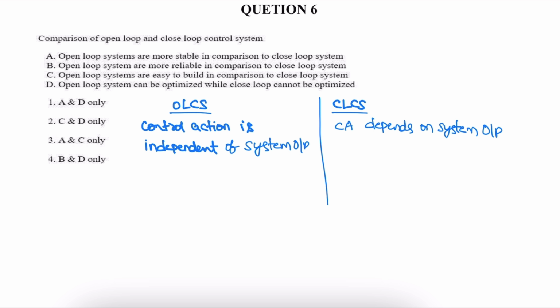Open loop control systems are simple and easy to construct. No stability problem here. These are stable systems.